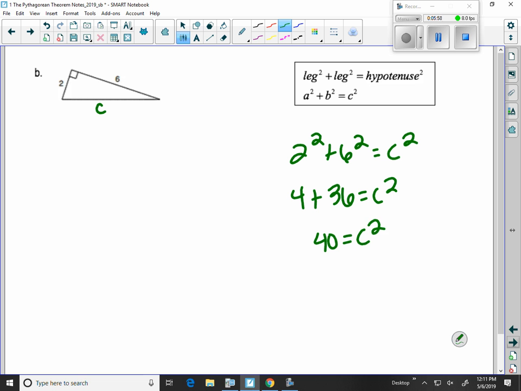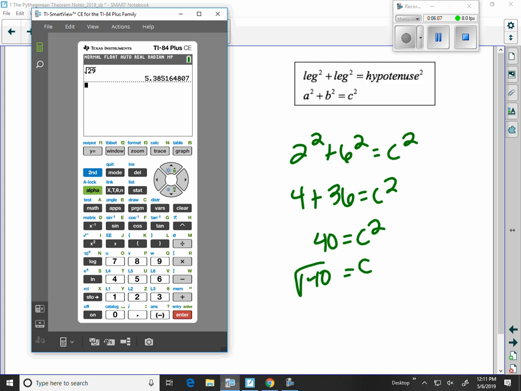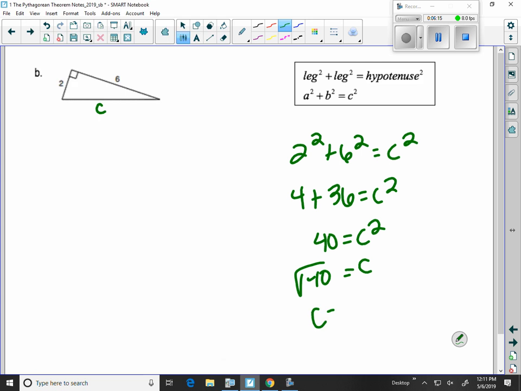So we take the square root of 40, which is 6.3. Questions? Pretty easy.